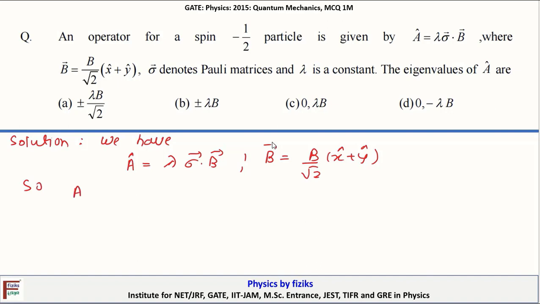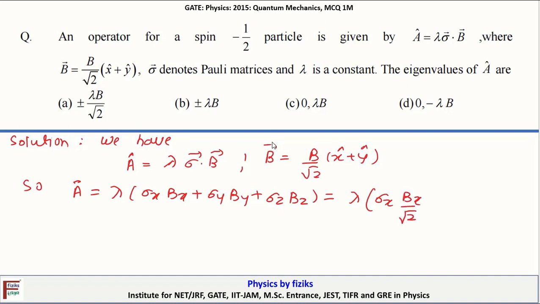So A can be written as lambda (sigma x Bx plus sigma y By plus sigma z Bz) equals lambda (sigma x B by root 2 plus sigma y B by root 2).